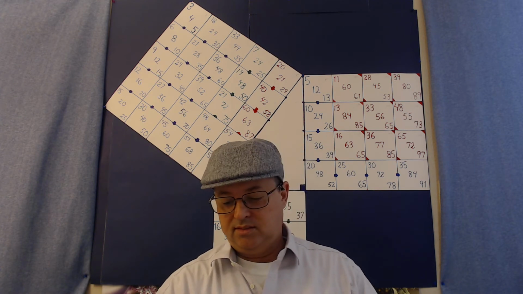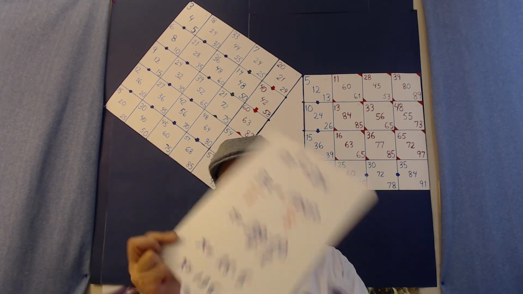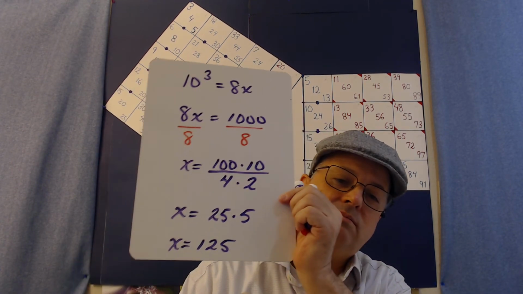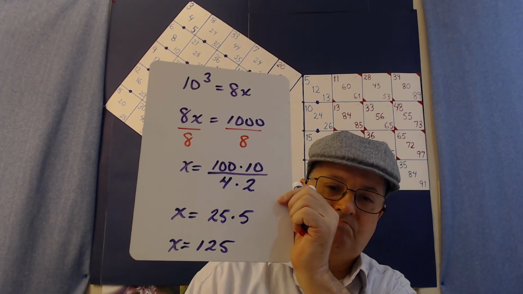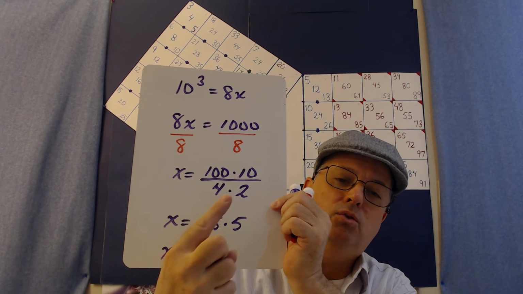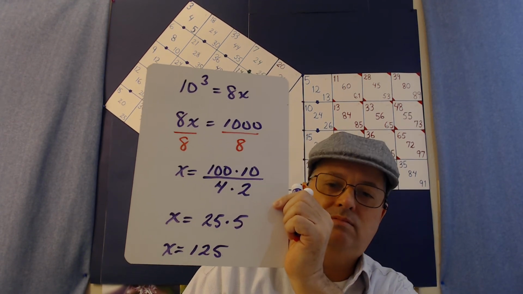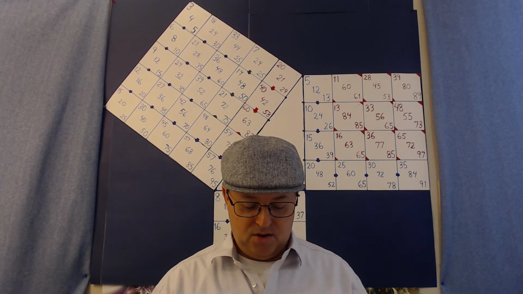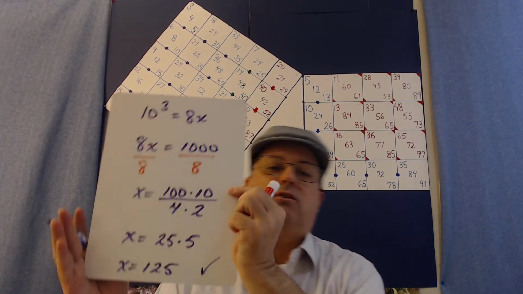You have a good calculator, it works really well, and it'll give you the answer. Okay? Don't put this into your calculator. You can figure it out by factoring. All right, so there's our answer. x equals 125.